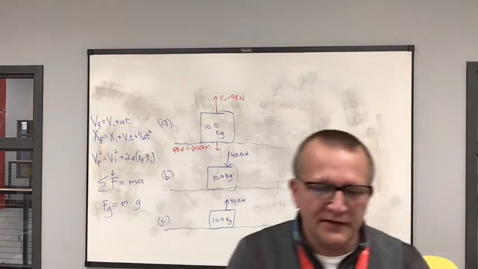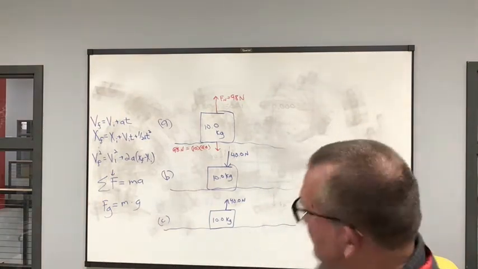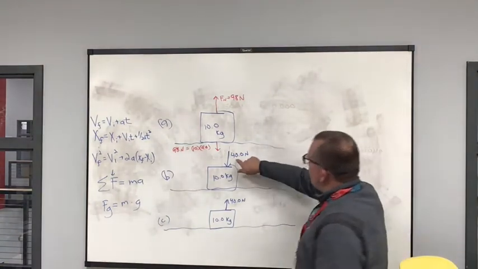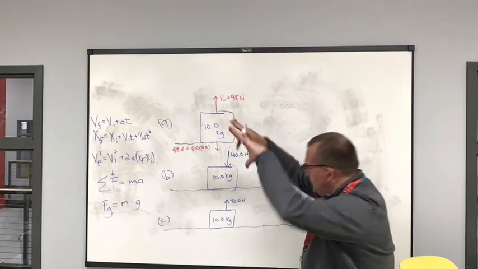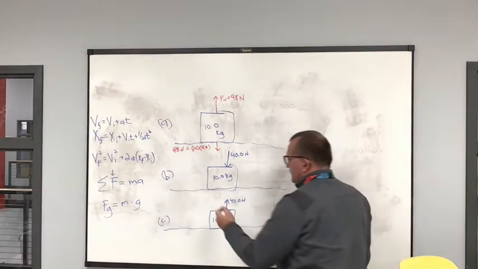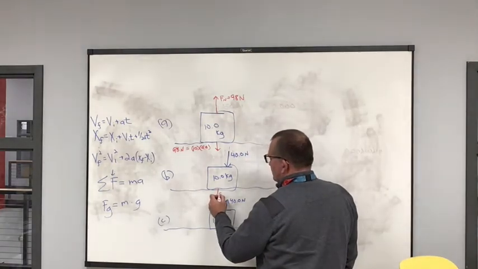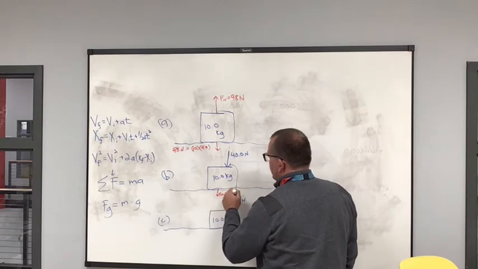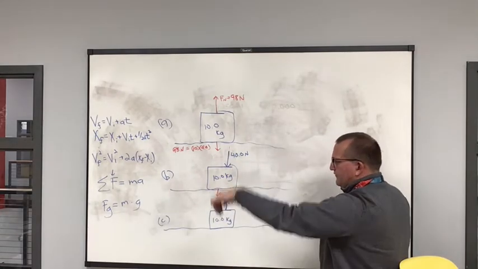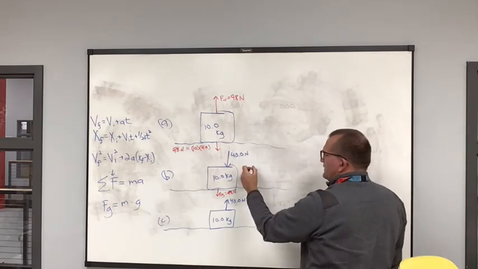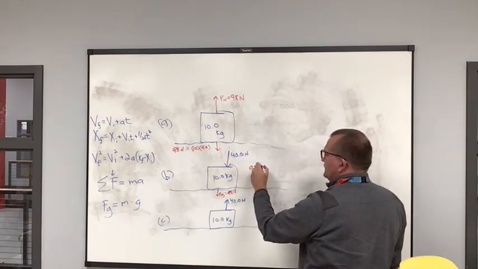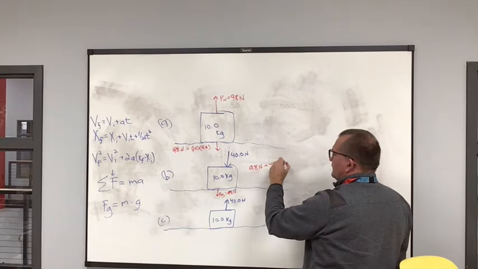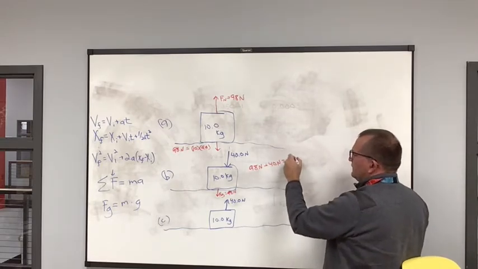But now let's say that our friend decides to push down on the box, with a force of 40 newtons. So now I have a force of gravity that's still 98 newtons, but then I'm pushing down with 40. Both forces are going down, so my downward force is 98 plus 40.